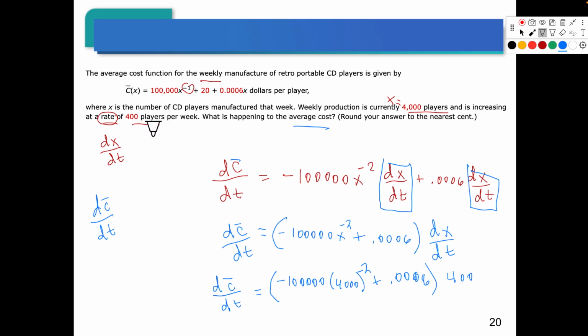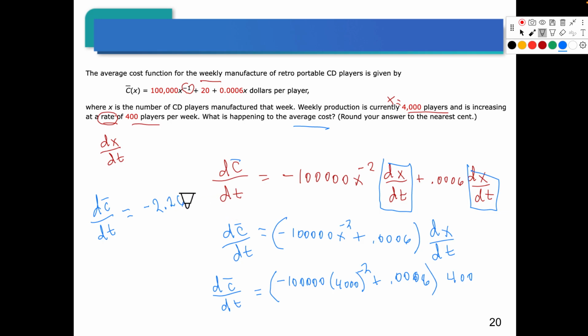It's increasing, so that's positive. Oh no, I guess that's the same answer I came up with. Yeah, and I checked it earlier, but I thought it was a different answer. Anyway, I come up with negative 2.26.